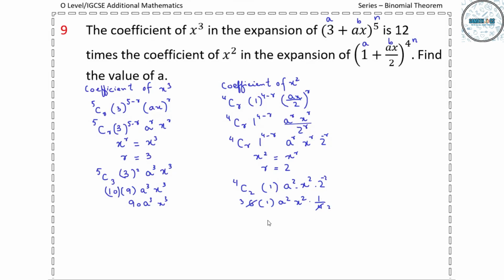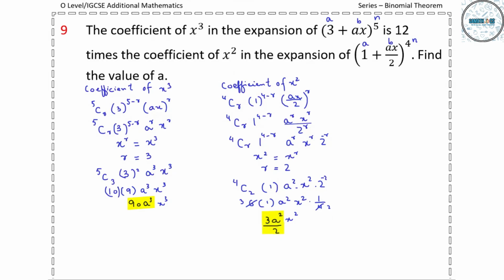So we are left with 3a²x²/2. So the coefficient of x cube here is 90a³, and the coefficient of x squared is 3a²/2.